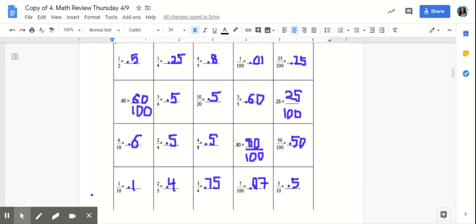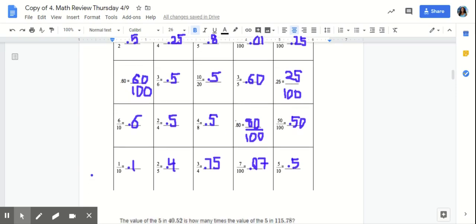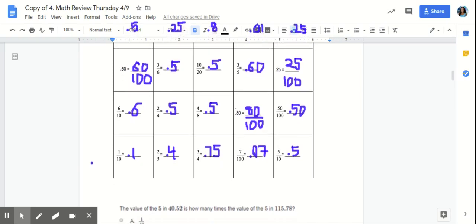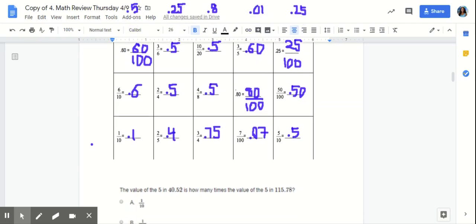We know that 6/10 as a decimal is written this way. We also know that if we simplify 6/10, we would get 3/5. So that automatically tells us that 3/5 is equivalent to 6/10, and our decimal would be the same. If you notice any mistakes, pause the video and revise them.